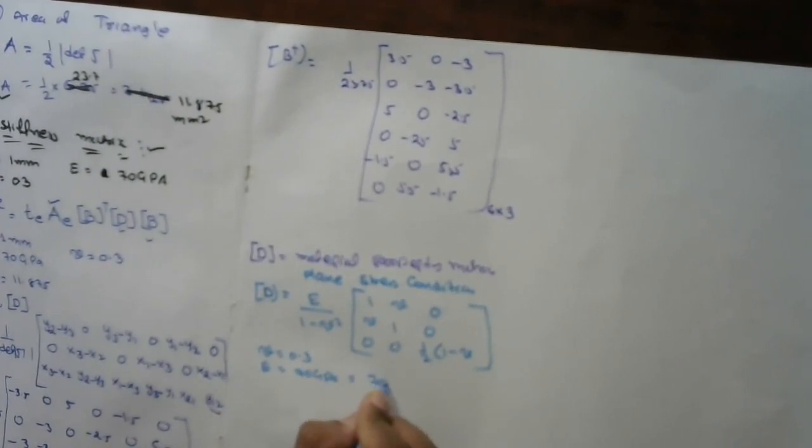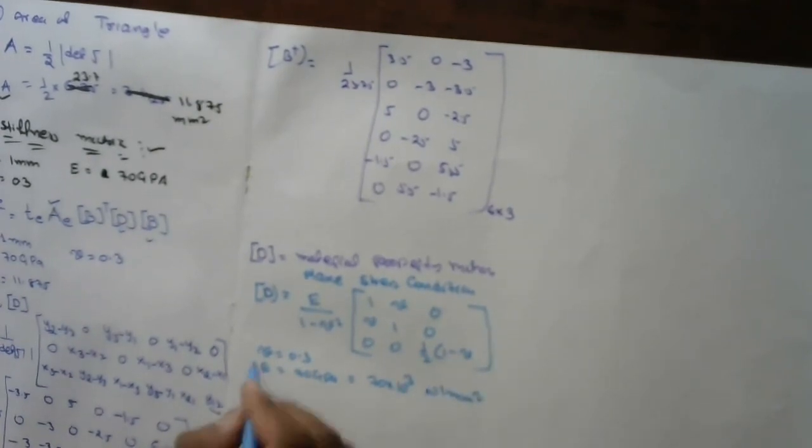This can be written as 70 into 10 power 3 Newton per mm square. So you have to substitute there.